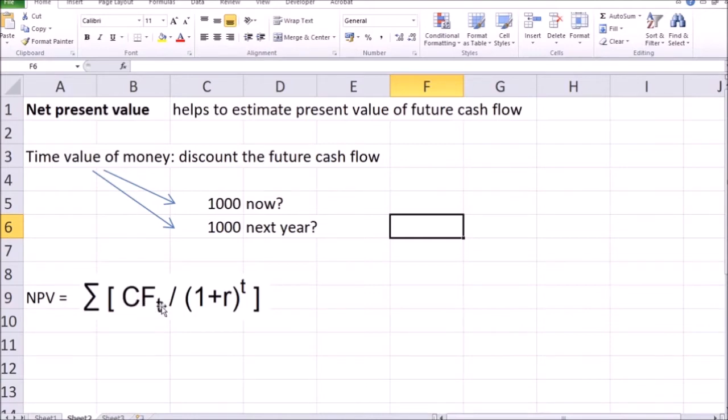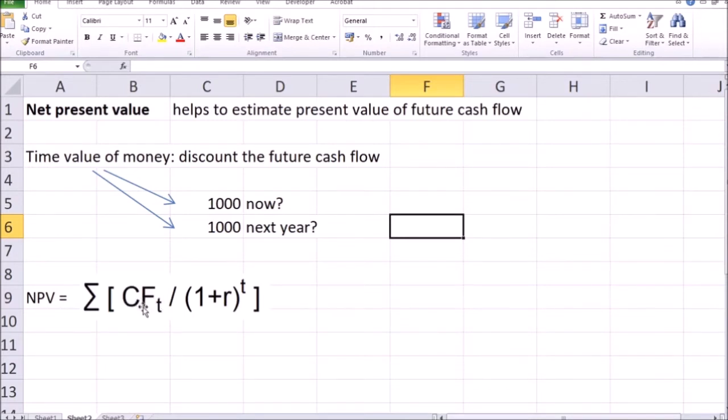Cash flow right now, T0, is perhaps the price that I need to pay to obtain the right for future cash flows through, for example, buying a bond or buying a stock that will pay future dividends. In this case, the current cash flow is going to be negative as I'm paying the price out of my pocket, which is a cash outflow for me.